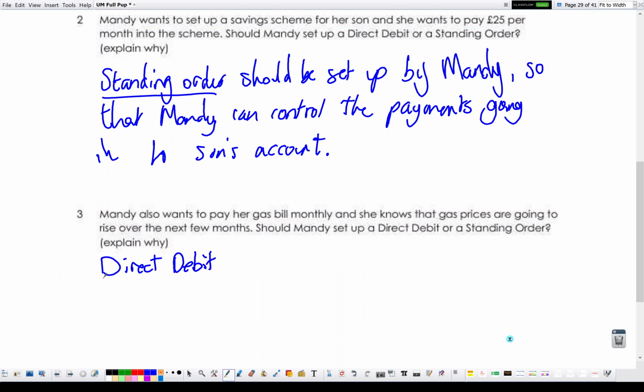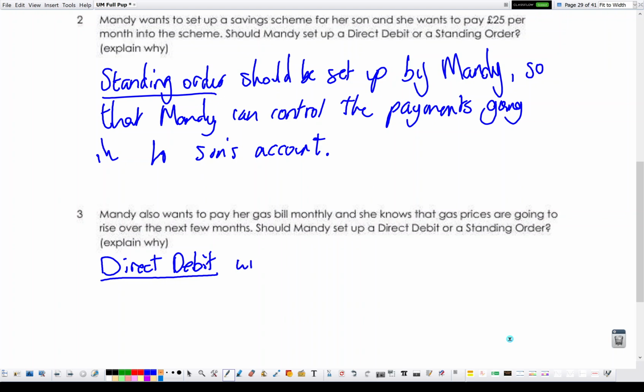And although I was maybe painting that a bit negatively, saying that companies can charge you more without telling you, the good side to a direct debit is you don't actually need to do anything to make that change happen. The payments, if they do increase or decrease, will just happen automatically. You don't need to continually go on to change your payment plan like you would have to do with a standing order.